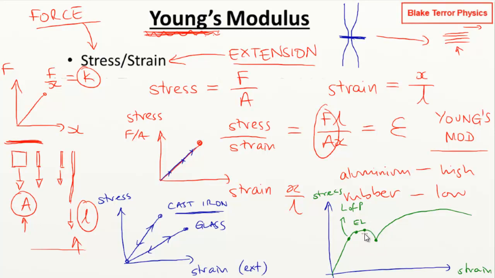But these are often called the yield points. This is getting a little bit beyond really what we need to describe in the behavior of these materials, but just for completeness' sake, these are called yield points.